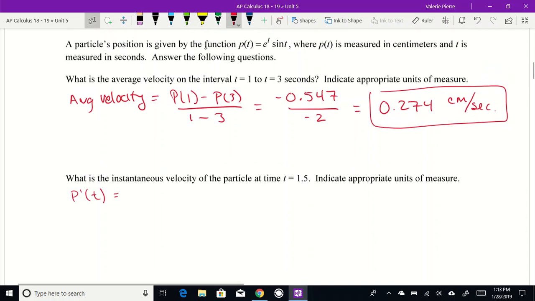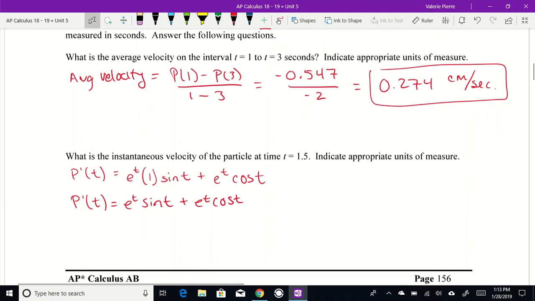So our first function is e to the t, derivative of e to the t is e to the t times the derivative of t, which is 1, times sine t, plus e to the t, and the derivative of sine is cosine. So P prime of t is equal to e to the t sine t plus e to the t cosine t.